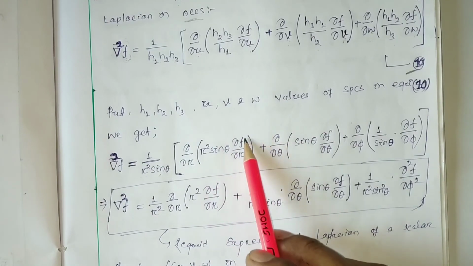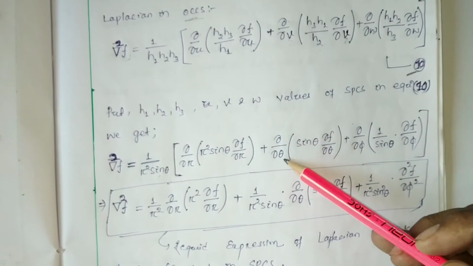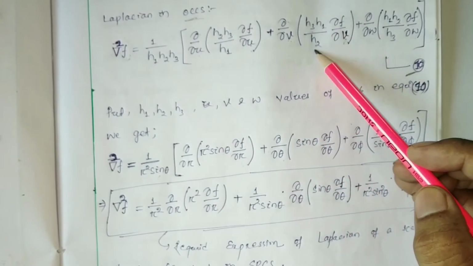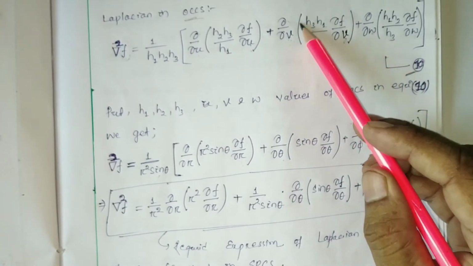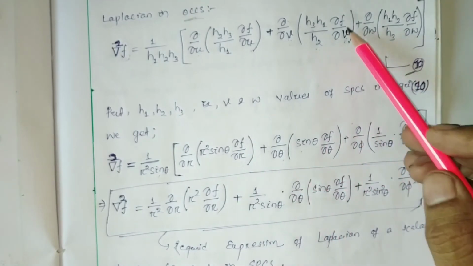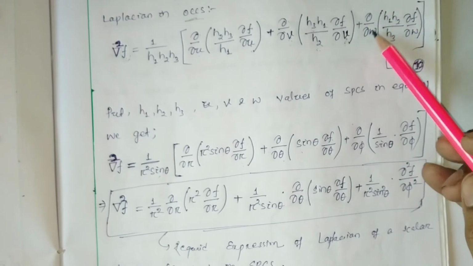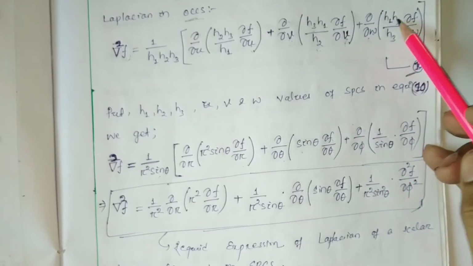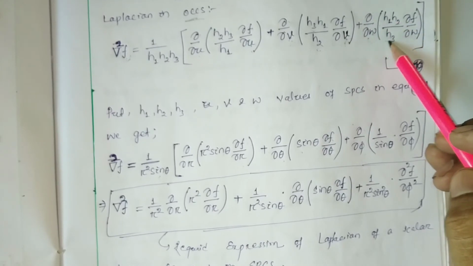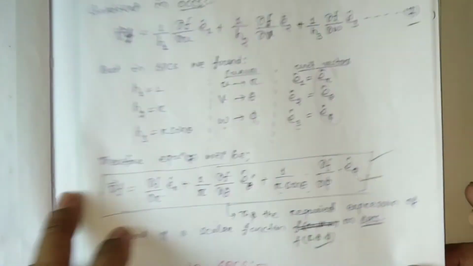So del by del r of f, plus del by del theta, here h3 h1 will be sin theta divided by h2. See, h3 is r sin theta divided by h2, which is r, so we only get sin theta. So del by del theta of f, plus del by del phi. Here h1 h2, h1 is 1, h2 is r, divided by h3, which is r sin theta.